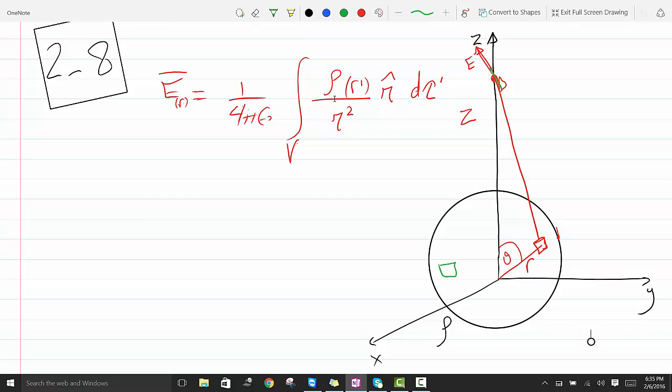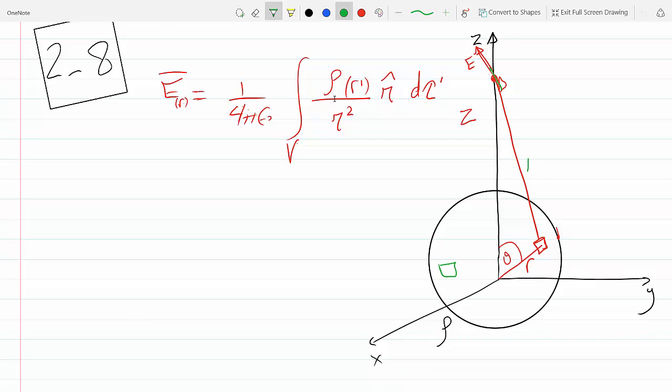Yeah. Okay, so we take a small patch here. And this is our separation vector from the patch, the small piece, volume element, whatever you want to call it, all the way to where we are figuring out the electric field at point P. And why don't we call this angle here alpha?